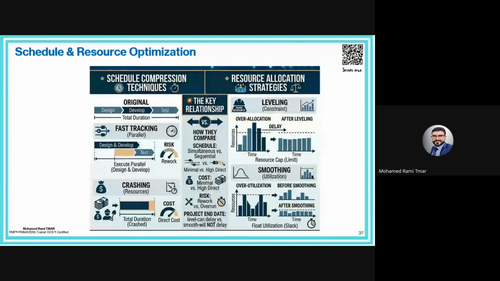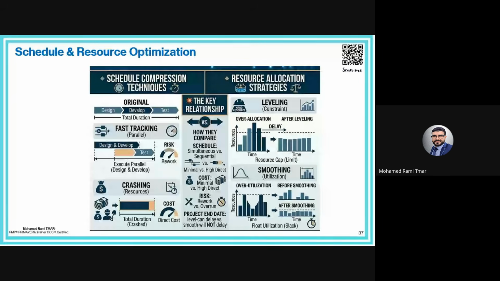What's the meaning of that? You remember we discussed it early in the critical path method. There are some activities with a positive total float or positive free float. Those activities we can move without impacting the total duration of the project. So we move these activities from the period of over allocation to a period where we have capacity of work.